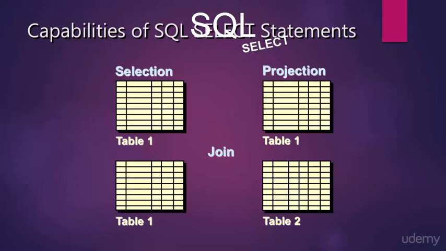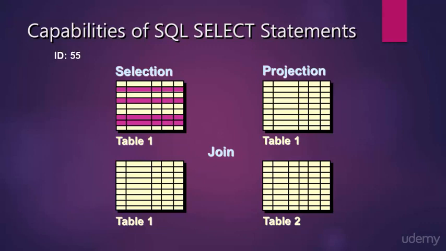Now there are three basic concepts in SQL SELECT statements, and these are used all the time: selection, projection, and join. So selection works in a row format. Like if a person has the ID of 55 and we select that particular ID, then we can select all the rest of the information according to that ID.